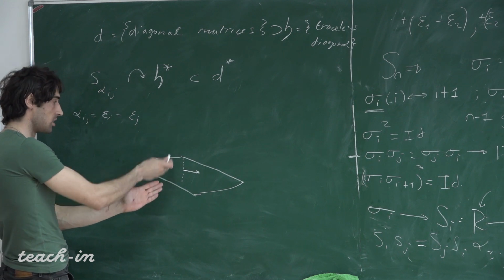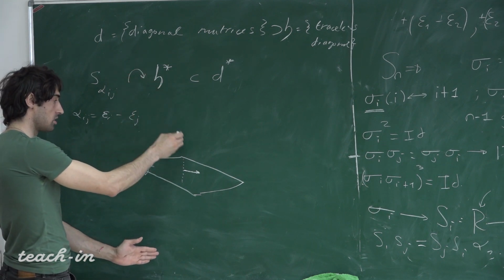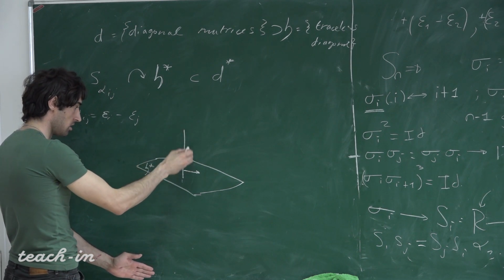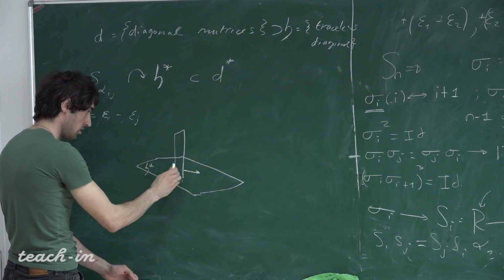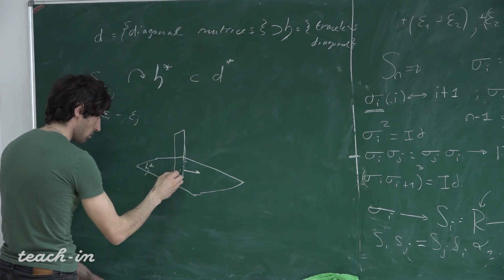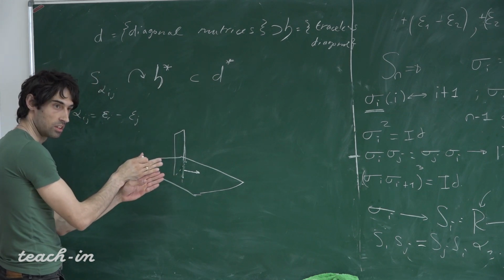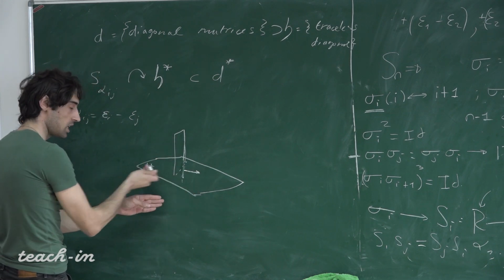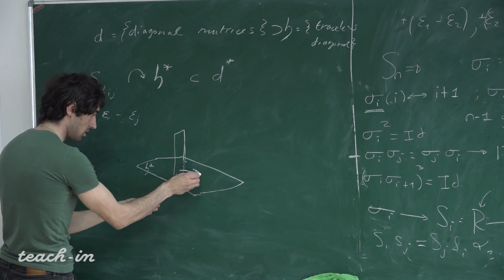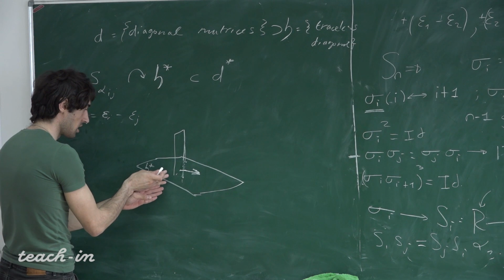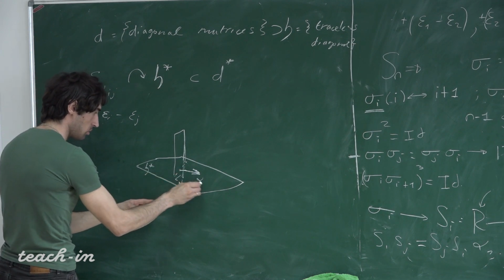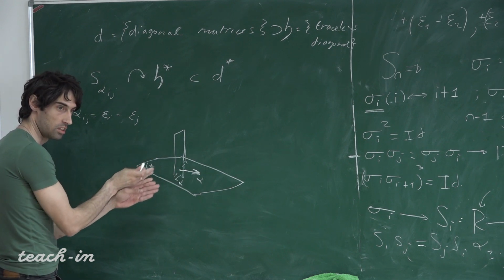But what I actually do is consider some hyperplane in D star, which is orthogonal to H star and intersects H star in the hyperplane L_alpha, which is orthogonal to alpha.